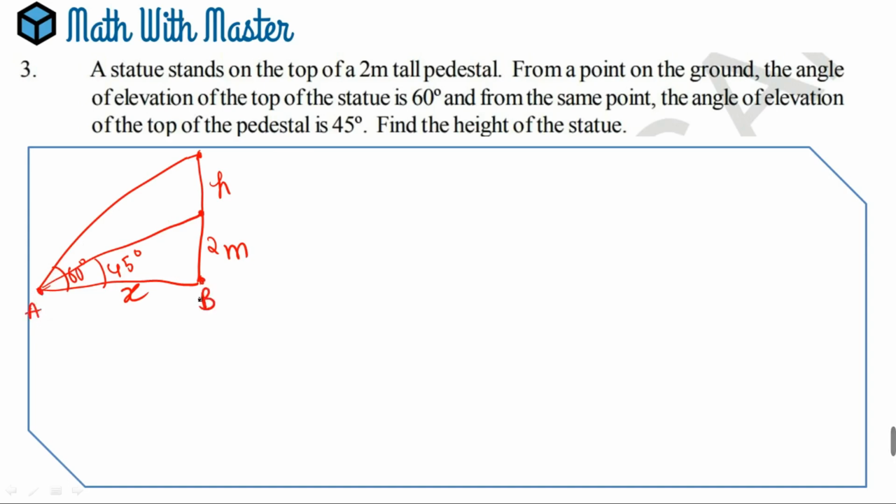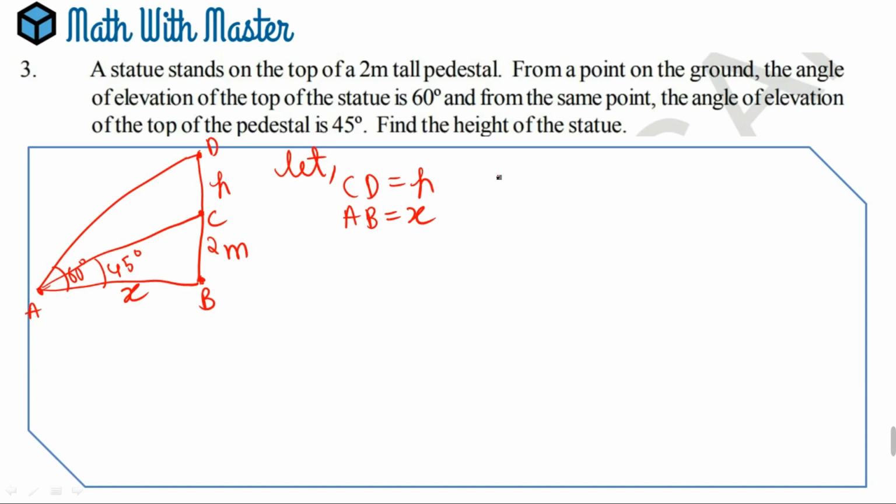This is point A, this is point B, this is point D. So we have let CD is equal to H and AB is equal to X. So now I can see two common things in these two right angle triangles, one common thing, which is AB. So we have named AB as X.